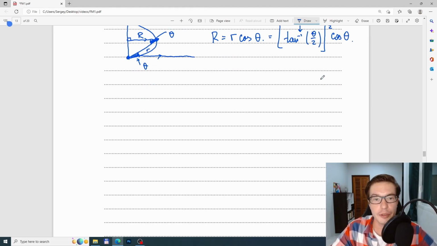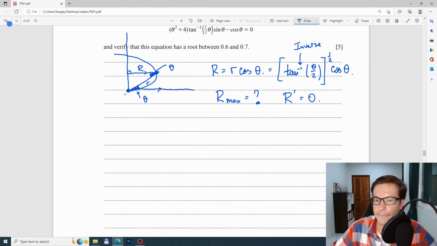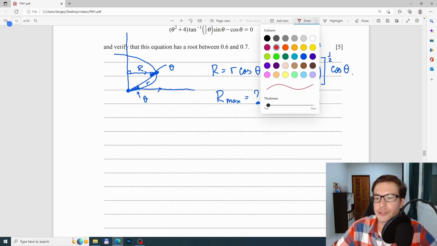Okay, we're looking for the furthest point from the half line, so it means R should be as big as possible. So we're looking for our maximum. And to find the maximum, we'll have to use, of course, our differentiation again. So basically, we'll find the derivative of R and then set it to 0. Right. If we look at the formula, again, we have the product of two things.